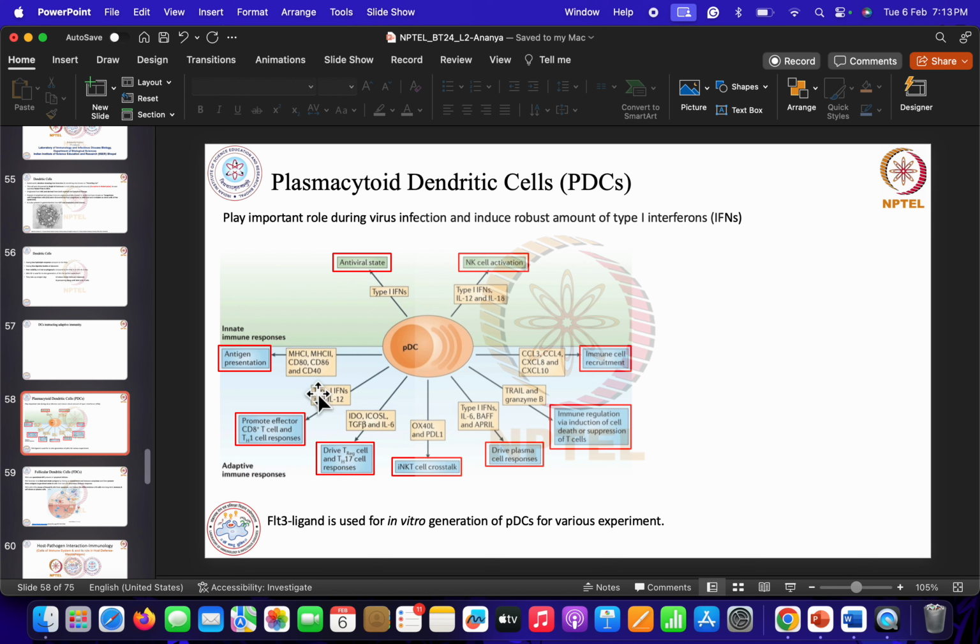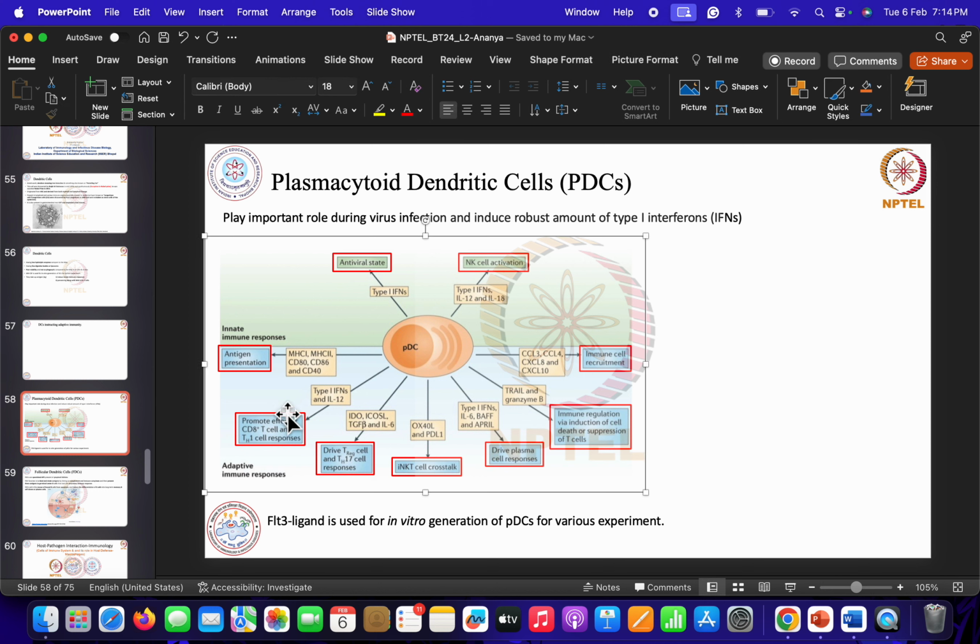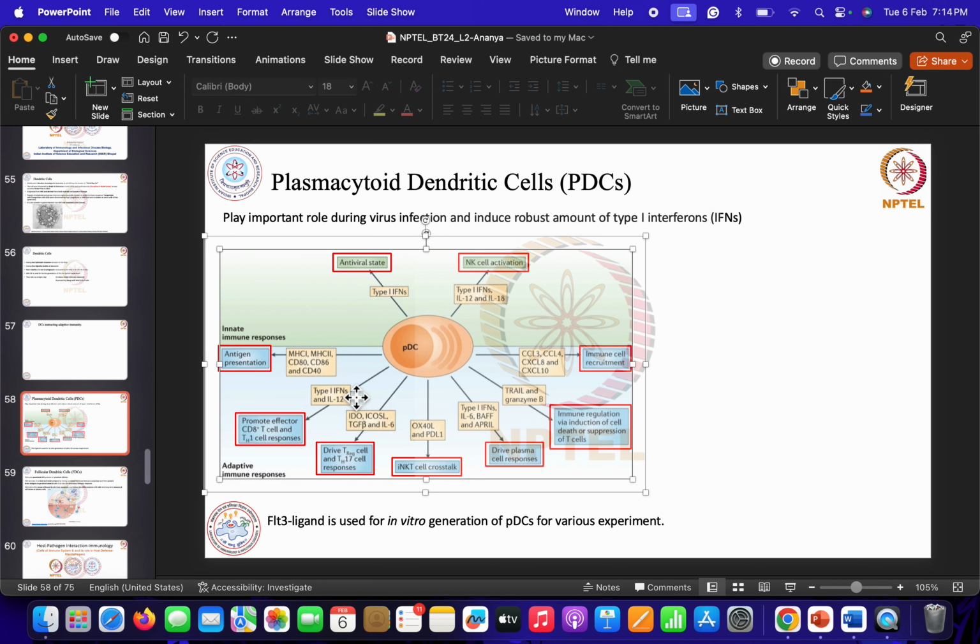So these we'll talk about in detail, and these are adaptive immune responses. With the help of MHCs, major histocompatibility complexes, they present those antigens to T cells.